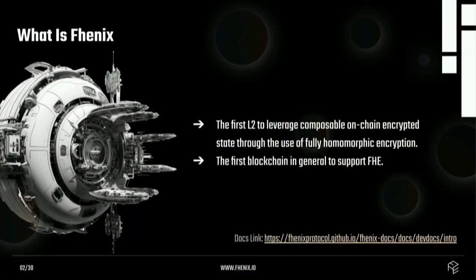So what is Fhenix? Fhenix is basically an L2 project that is trying to leverage composable on-chain encryption. Obviously, privacy in the smart contract space is very popular. Primarily, most of the attention is being given to projects using zero-knowledge proofs.